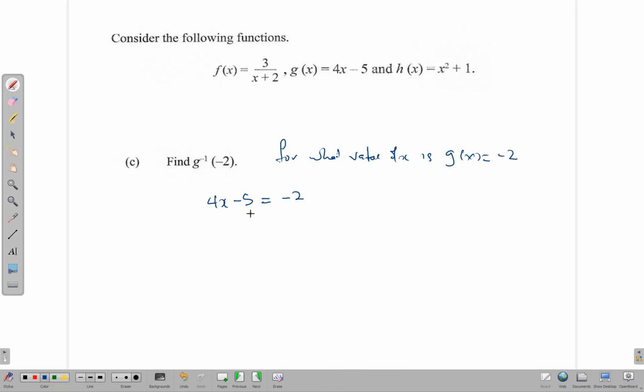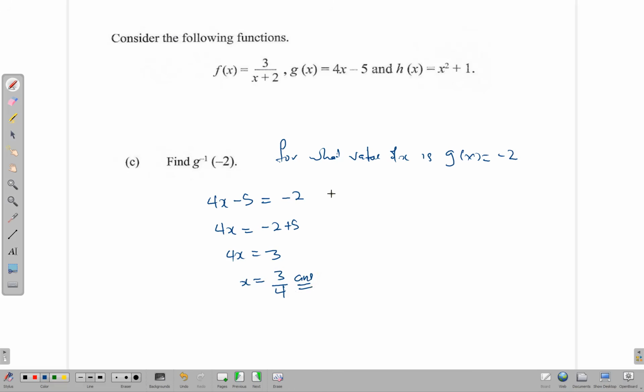Now we have a linear equation that we need to solve. So we say 4x is equal to negative 2 plus 5. Therefore 4x is equal to positive 3, and so x would be equal to 3 divided by 4. This is our answer.